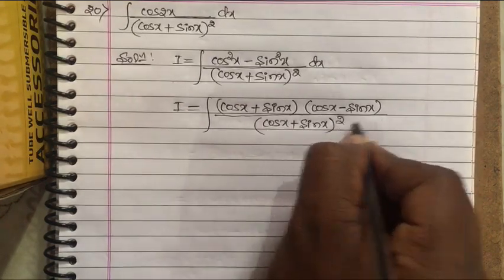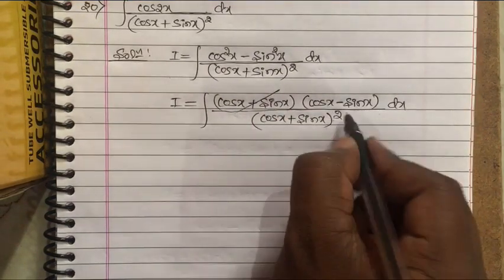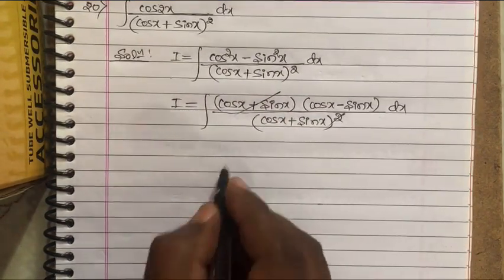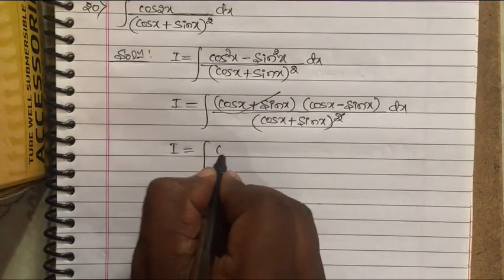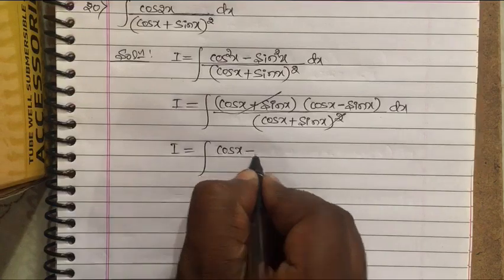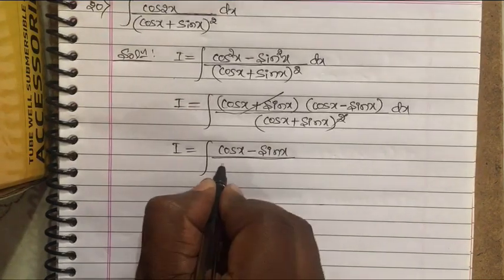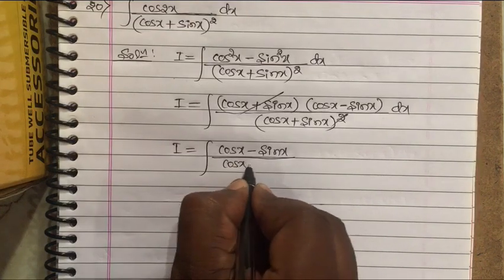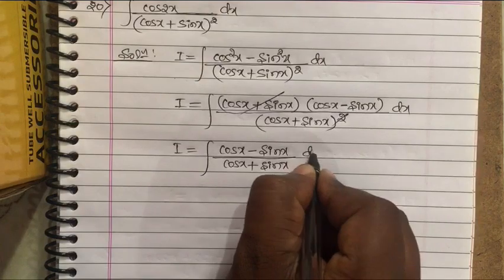Here one cos x plus sin x and one cos x plus sin x get cancelled. You have one more cos x plus sin x in the denominator. So cos x minus sin x divided by cos x plus sin x dx.